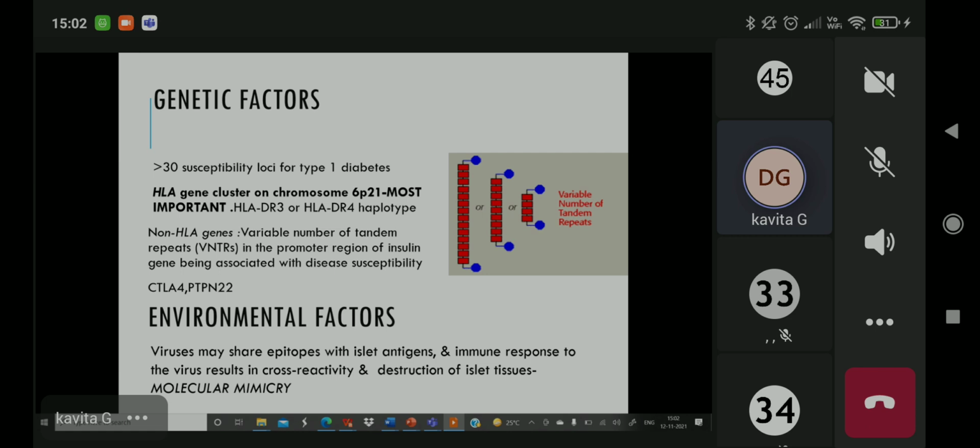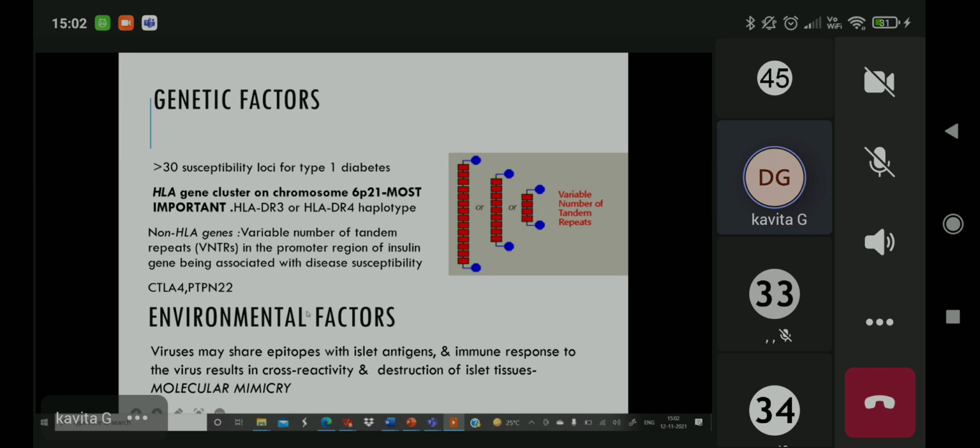One is DR3 or DR4 haplotype. Then there could be a number of tandem repeats of variable length sequences in the promoter region of insulin gene. I've already mentioned these two, CTLA4 and PTPN22. Remember this. This is very important for diabetes.